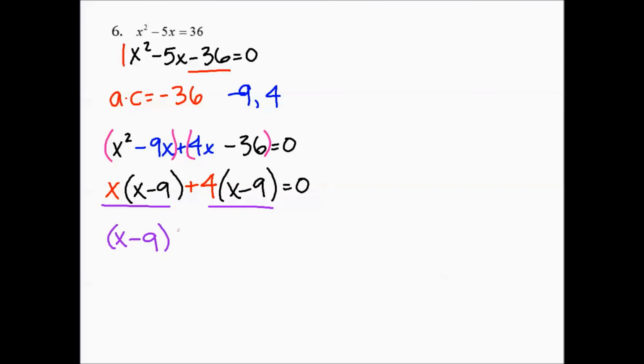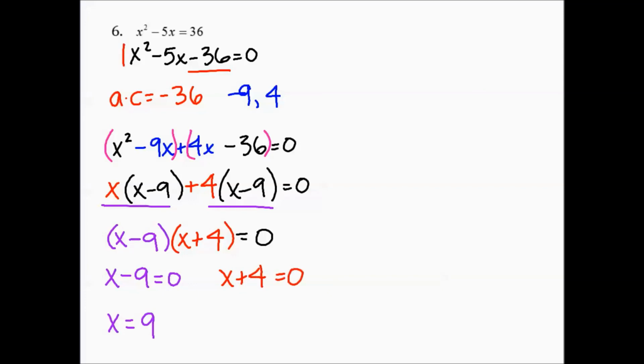And when I take that out, I'm left with x plus 4. To solve, I need to set each factor equal to 0 and solve. So I get x equals 9 and x equals negative 4.